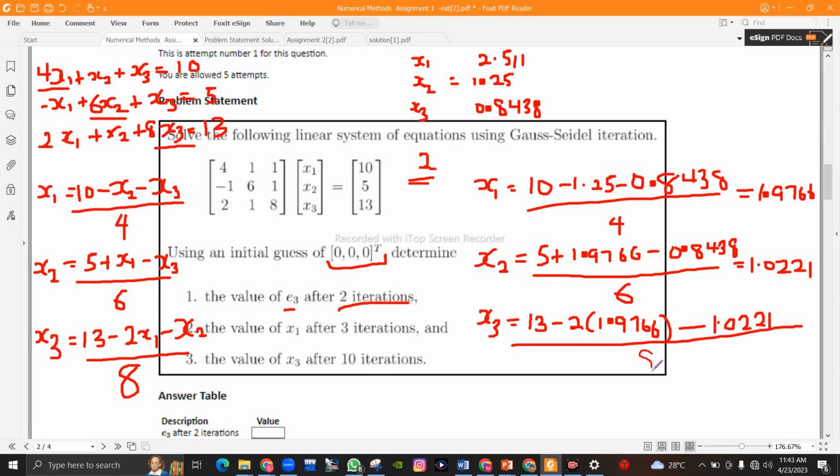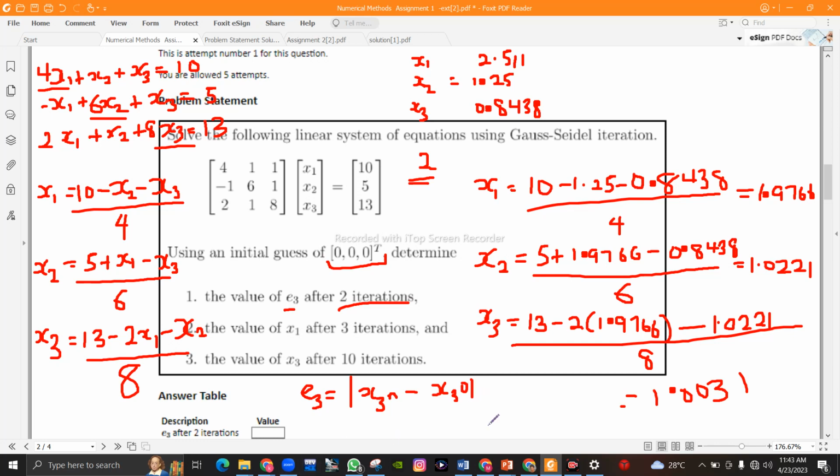If you calculate that, you get your x3 to be equal to 1.0031. Then we have to calculate the error 3 after the second iteration. So this is the second iteration. Our error 3 now will be equal to the magnitude of x3 new minus x3 old.